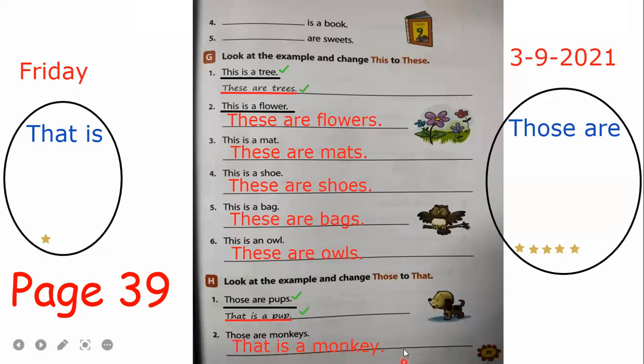Make sure you write it on the line. On my screen here the words have been going down, but when you write in your book, please make sure you write on the line. That is a monkey. So we have changed the plural sentence into a singular sentence.